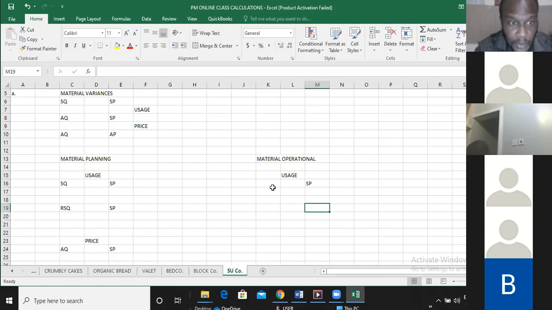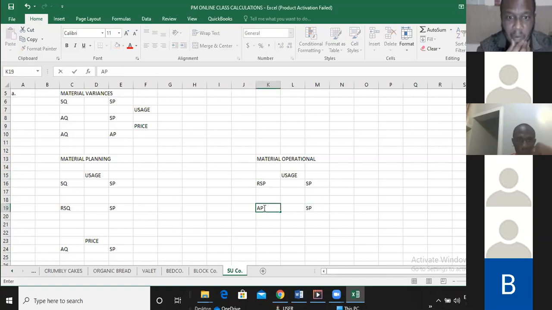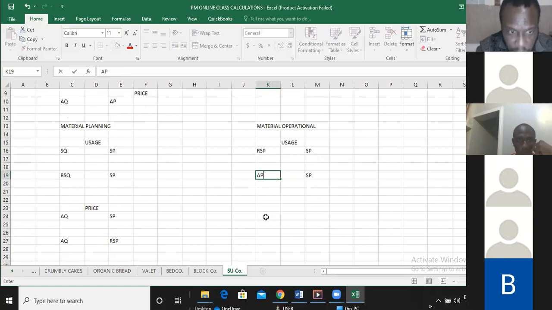Maybe we can even copy those other ones and put them directly. So here we're comparing revised standard, so revised standard price with the actual price. All right, so that's our usage. And then we have our price finally. So for our price, we want to still write that.